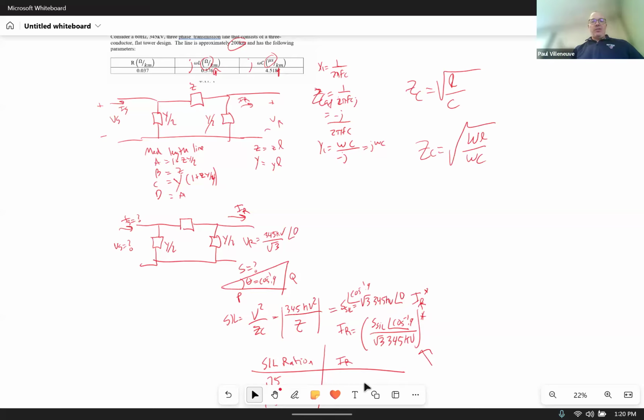So sorry about not showing you the correct ZC here. So the characteristic impedance that you use to get SIL, where is the equation? It's right, this equation, that goes there. So it's a different ZC, sorry about that.